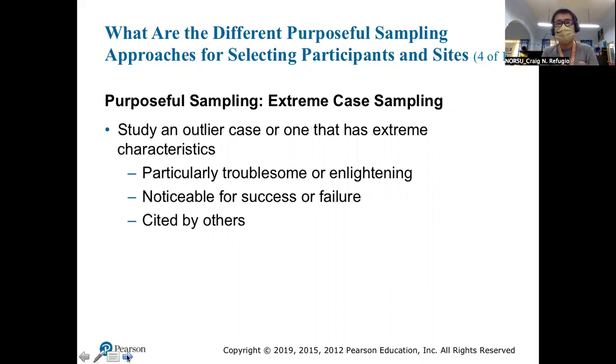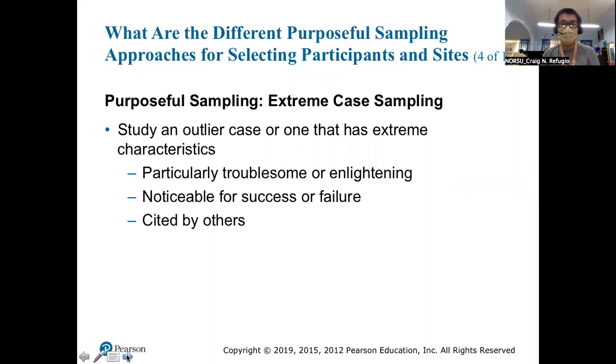In terms of extreme case sampling, study an outlier case or one that has extreme characteristics, particularly troublesome or enlightening, noticeable for success or failure, cited by others. If that person has been cited by many people, that could be part of extreme case sampling.